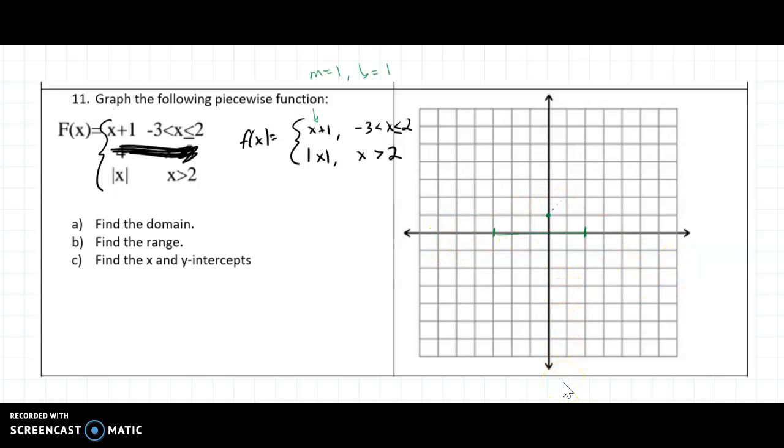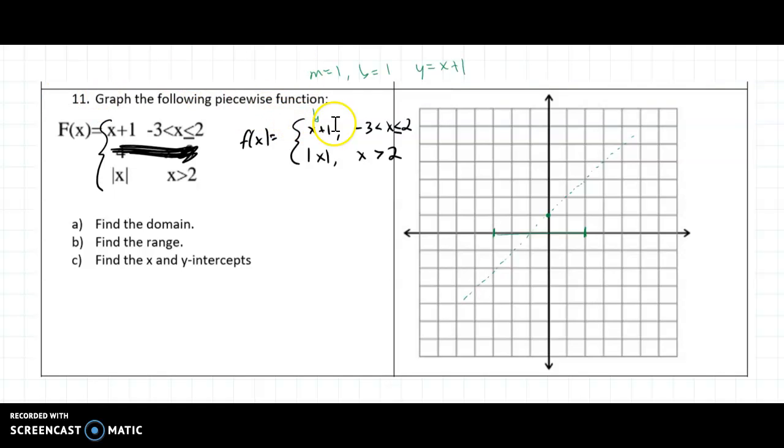I'm going to go beyond with the dotted line so you can see where it gets cut off. That's what it would look like, and it would keep going in both directions if it was just y equals x plus 1.